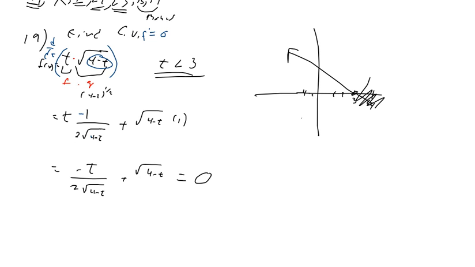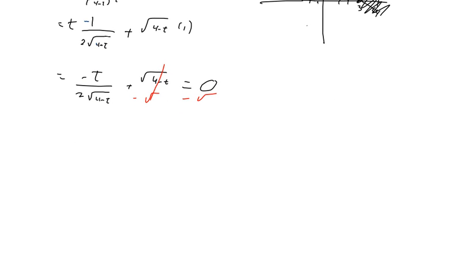Yeah, move this square root over, right? I've got this piece here, move it over to the other side. Or I could take this piece, move it over, either way. But let's subtract this square root piece, move it over to the other side. I've got negative t over 2 radical 4 minus t equals negative radical 4 minus t.